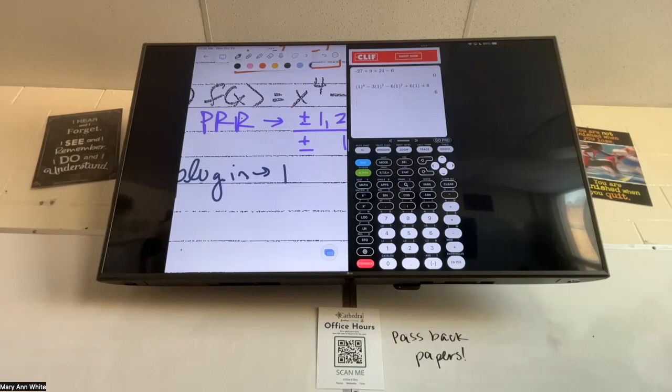I can press second, enter, and it's gonna give me what I just typed in. So if you press second, enter, it's gonna give you everything you typed in, and now I can edit it. See how I'm moving my little arrow around? I can go put negatives in front of all of these 1s. You may need to press second delete to insert so that it keeps everything in its spot.